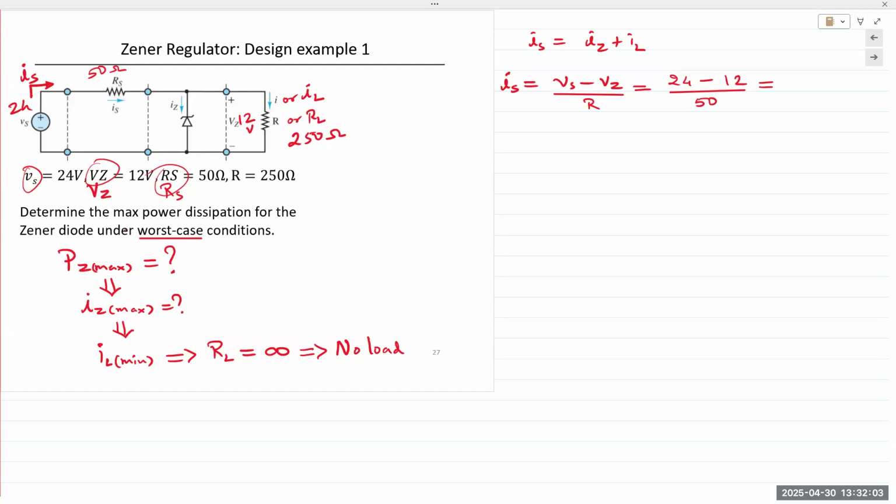This comes out to be 0.24 amps. The total supply current is dependent on RS.